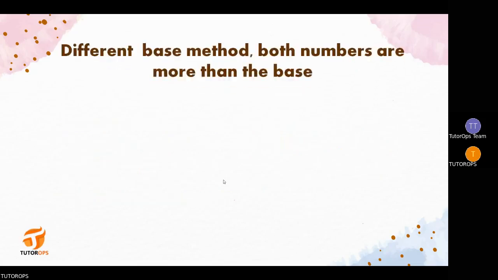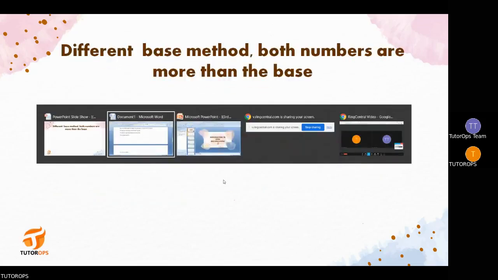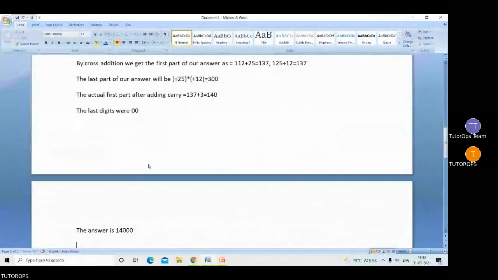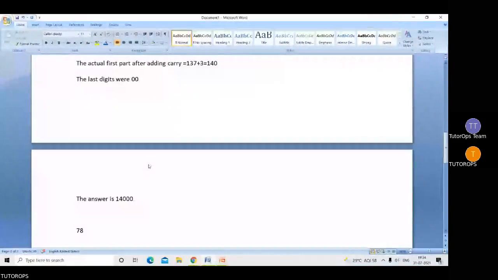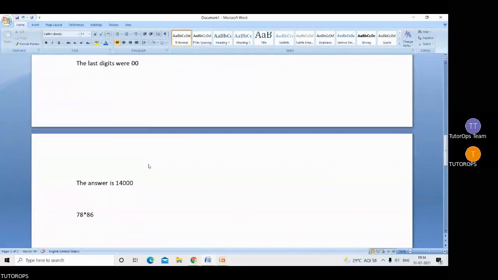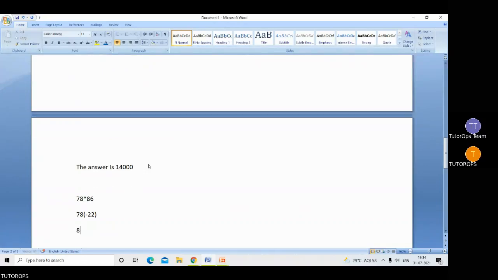Now, I am just showing you another example, say a simple multiplication, 78 cross 86. So what is 78? Remember here, for 100 base, it is minus 22, because 100 minus 78 is 22.